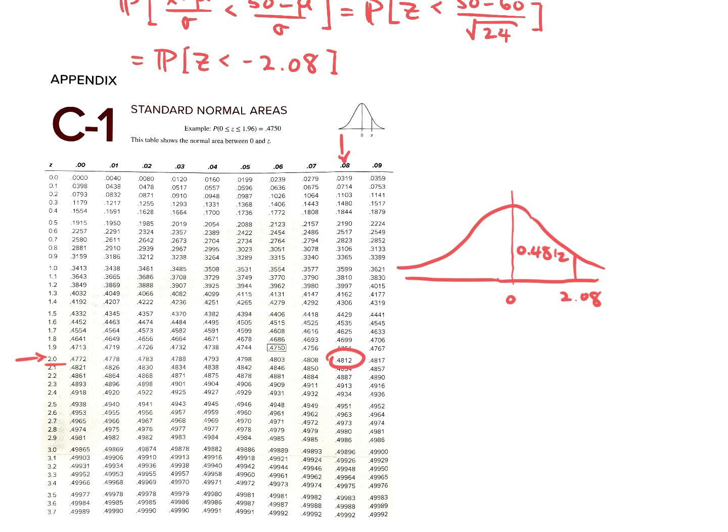Now this question is actually asking for the area below negative 2.08, which is the same as the area above 2.08, which is 0.5000 minus 0.4812.